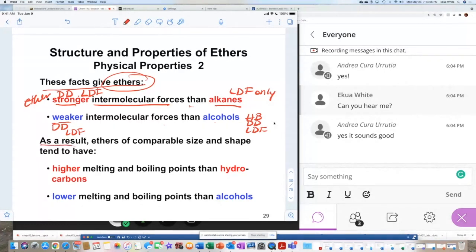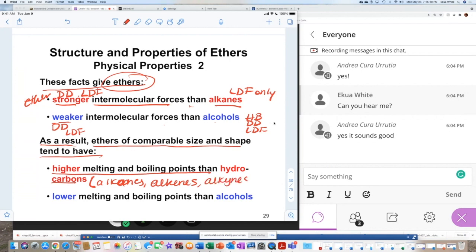As a result, ethers of comparable size and shape tend to have higher melting points and boiling points than hydrocarbons. This is listing the three: alkanes, alkenes, and alkynes.